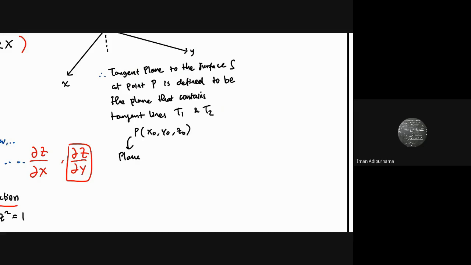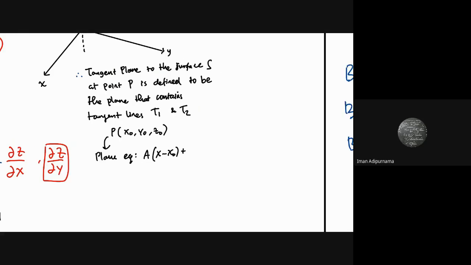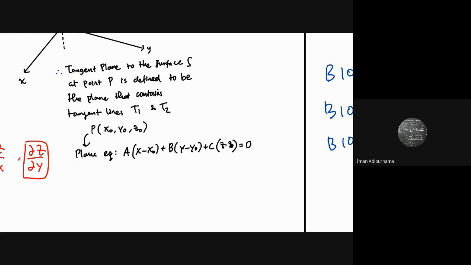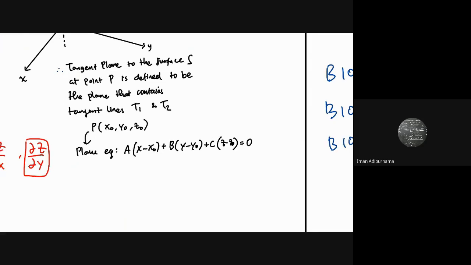The plane equation will be, let's say we have A, and then plus B plus C and equal 0. Okay, now next step, let's divide all with C.